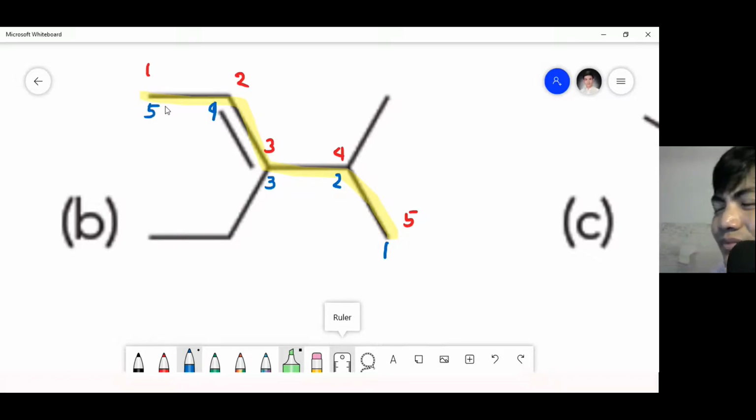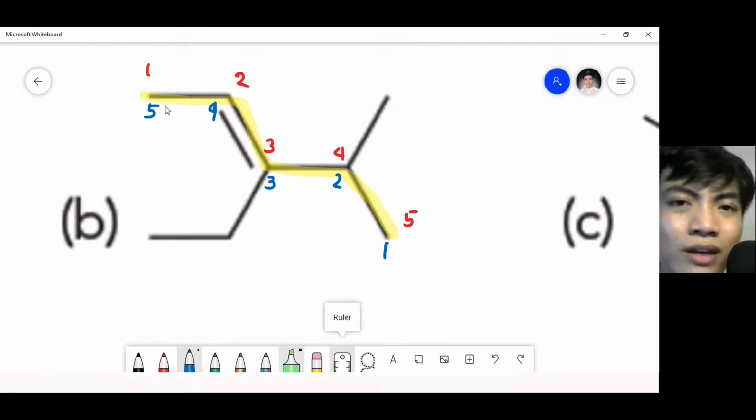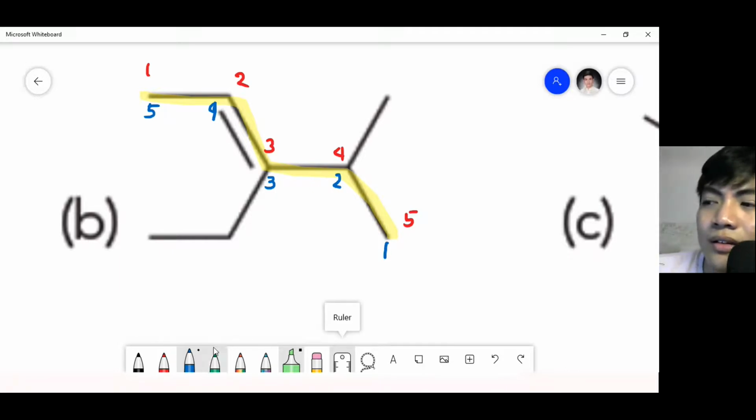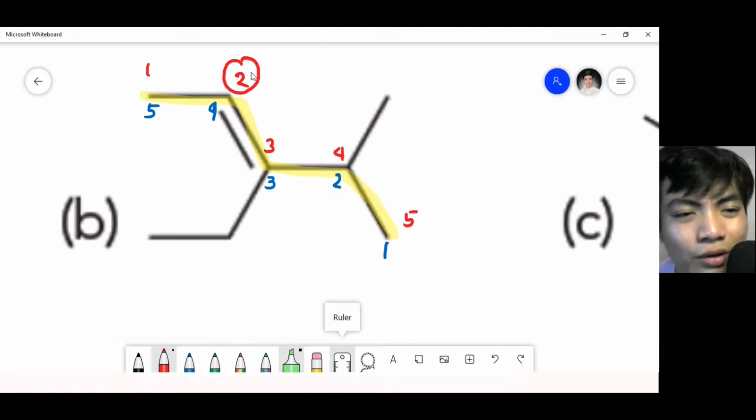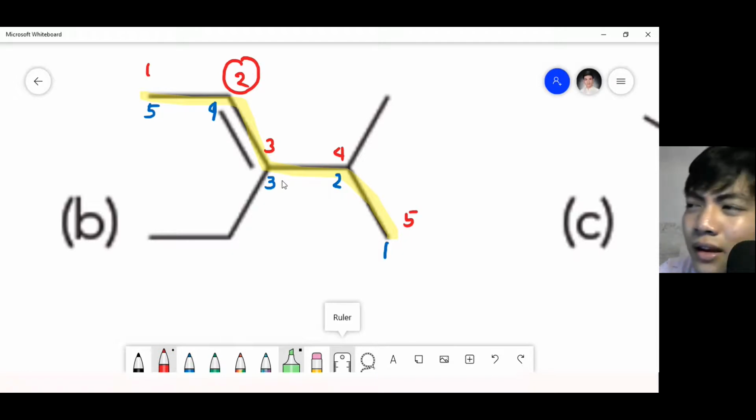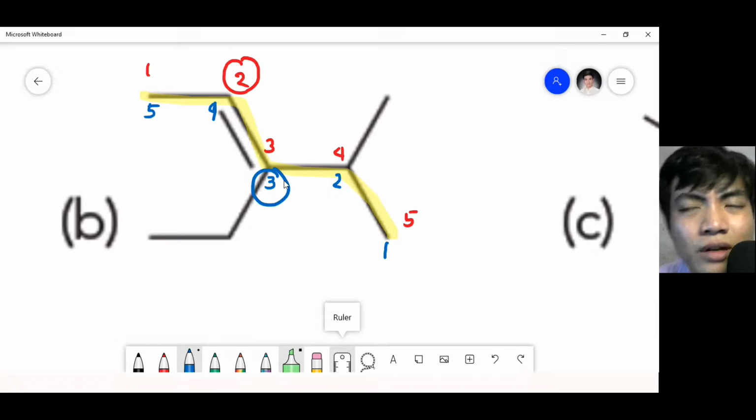Okay? So, again, our priority is to give the double bond the lowest number. Okay? So if we count from left to right, our double bond will start at carbon number 2. While when we count from right to left, our double bond will start at carbon number 3.